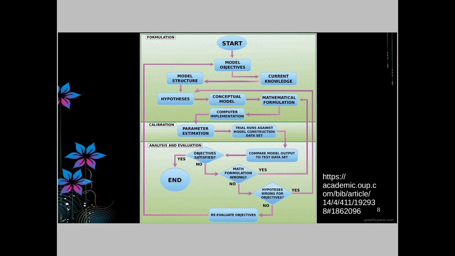But still not. So you have, again, your mathematical formulation. If you do not think there's anything wrong with your math formulation, you can check if your hypothesis is wrong for the objectives. For example, you want to see the cooperative binding, but you're actually testing it on an inhibitor, so it might not be correct. So you do evaluate the objectives of your study, until the objectives are satisfied.